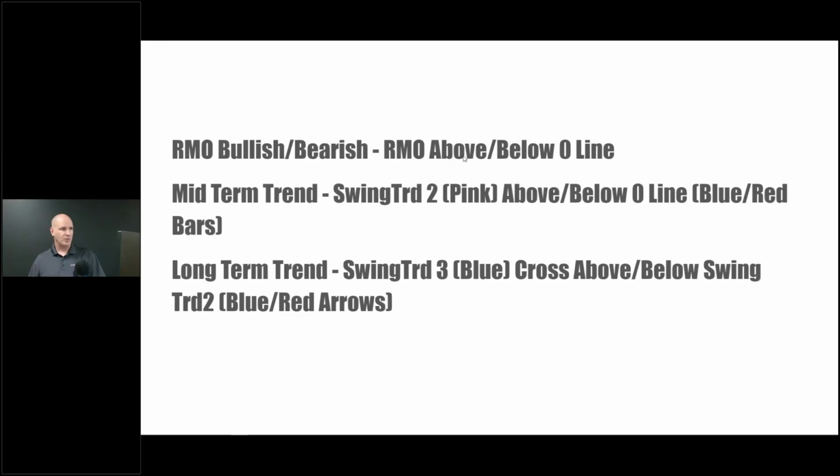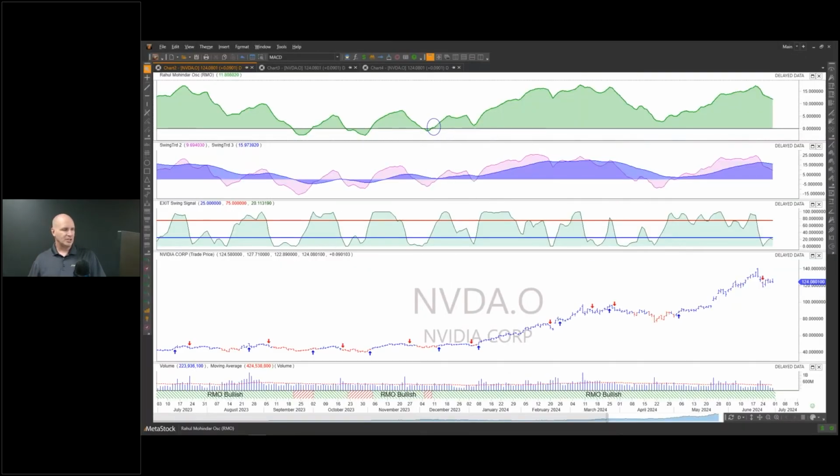So first of all, we want the RMO to be above or below the zero line like we talked about. The midterm trend, which is that pink, to be above or below the zero line. So same type of scenario. So if we come back here, let's look right where this is happening. So here I also have the midterm trend go above zero as well. So that's check mark number 2.